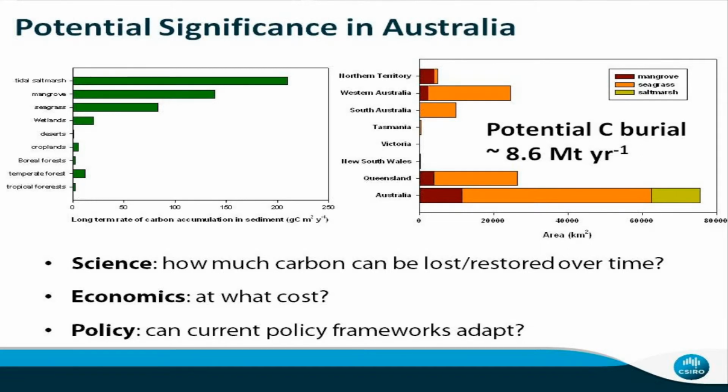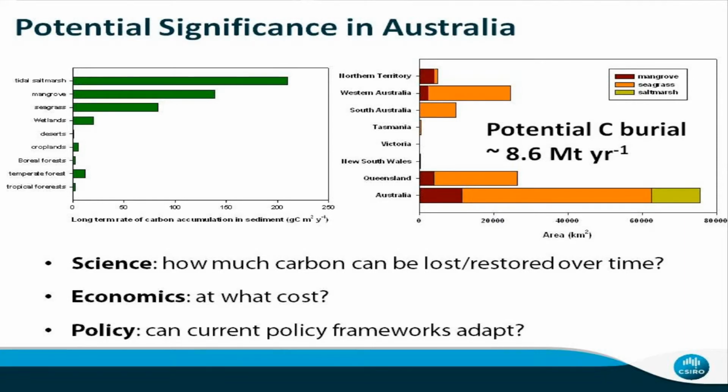You can see how significant the marine vegetated habitats are, and when we scale that up by state, we come to a total of about 8.6 megatons. That's millions of tons of carbon per year buried by just salt marshes, mangroves, and seagrasses.